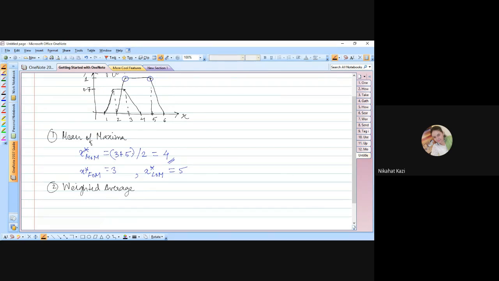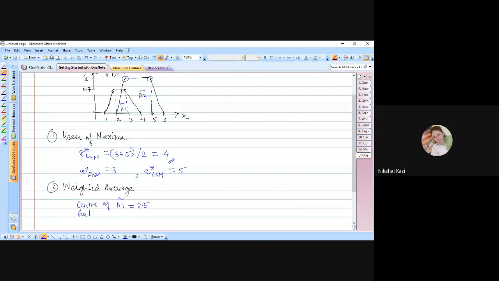Okay, so let me call this fuzzy set A1, and this is fuzzy set A2, the trapeziums. Okay, so A1, what is the center of A1? 2.5. 2.5, right?